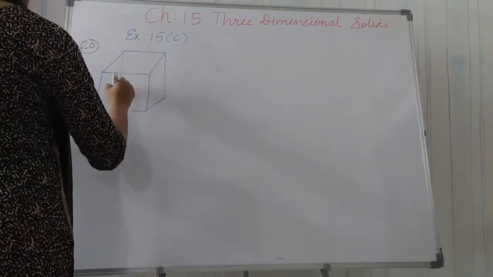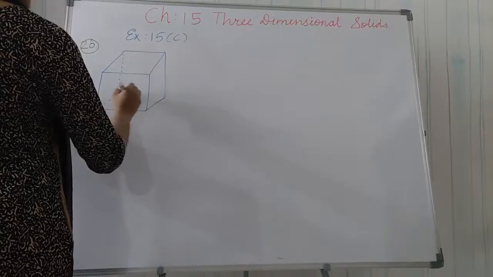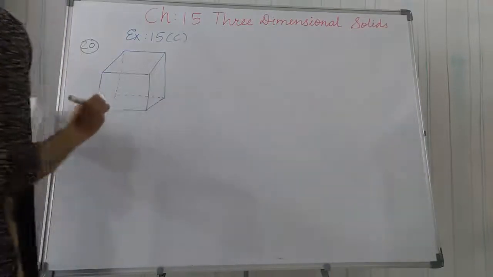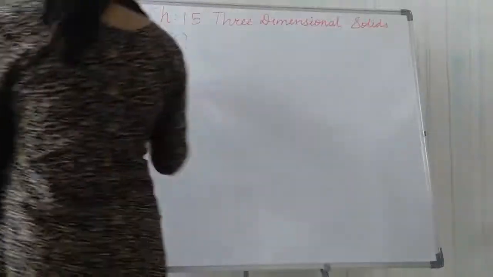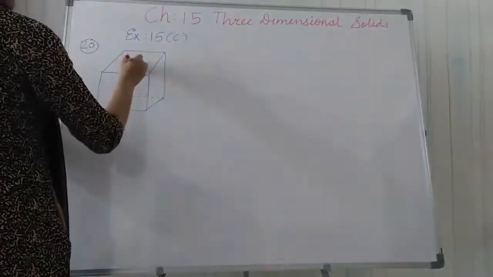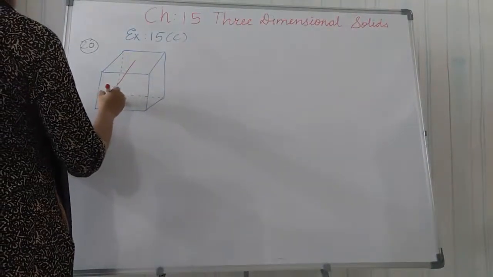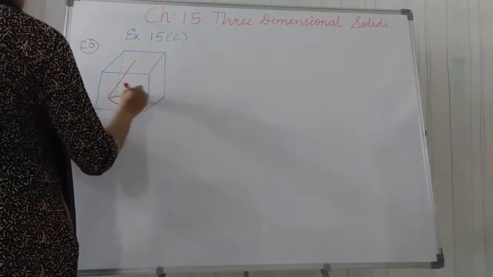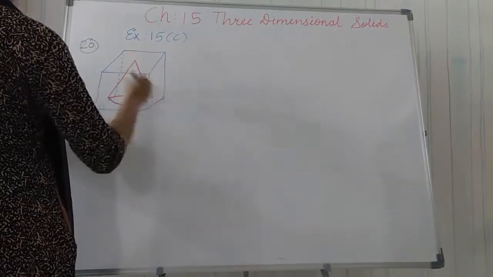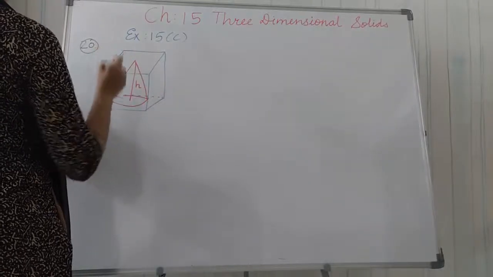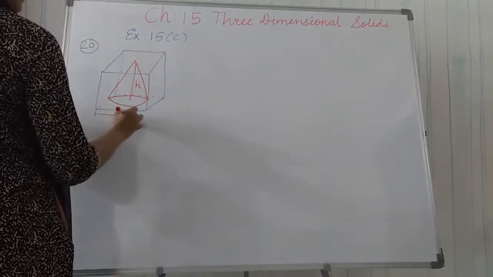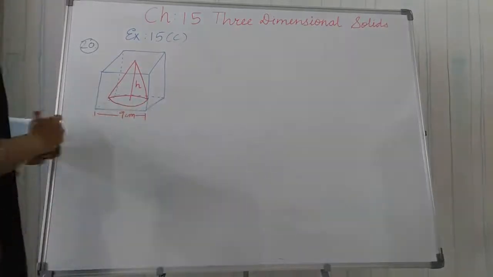So there is a cone in it like this, whose height is h, and this is given as 9 cm, which is the cube edge.